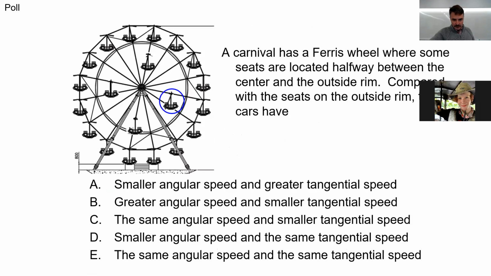And then you can kind of go through those. You're comparing tangential speed, which is the actual meters per second speed, versus the angular speed, which is that omega in radians per second. So you should see a new poll.